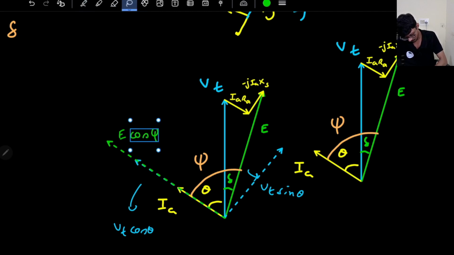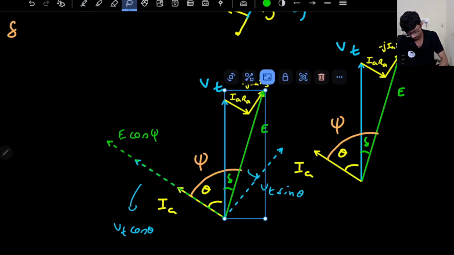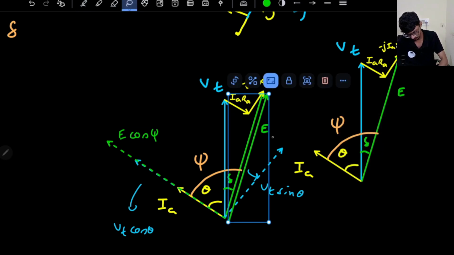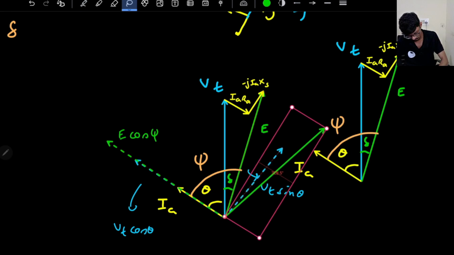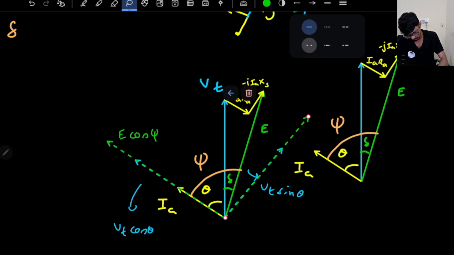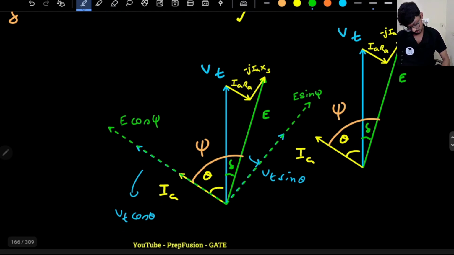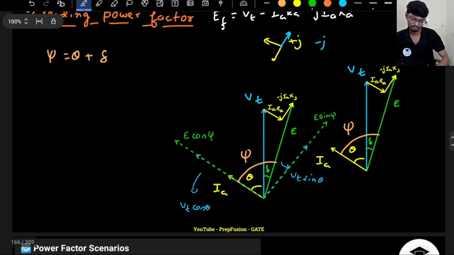And the other one will be perpendicular, a perpendicular projection, which will be E sine xi.